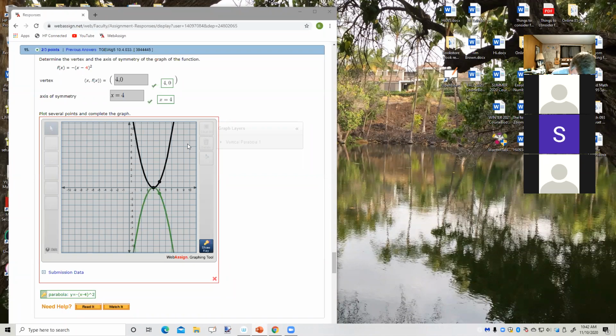So let's see, we've got f of x equals negative the quantity x minus 4 squared, and we know the vertex is at (4, 0). Okay, and we need to find another ordered pair.